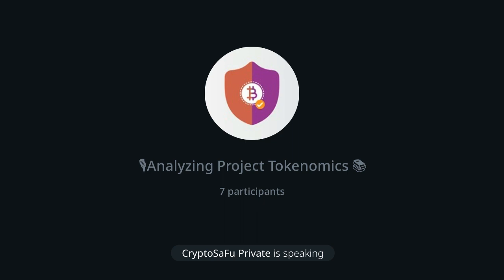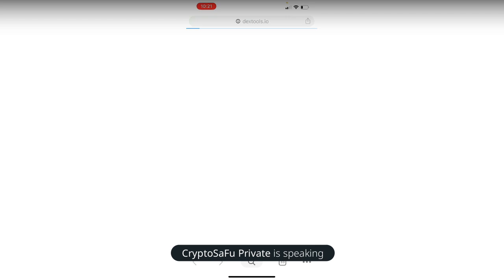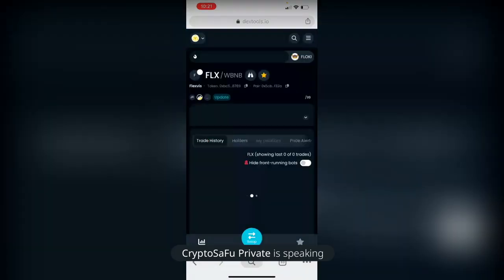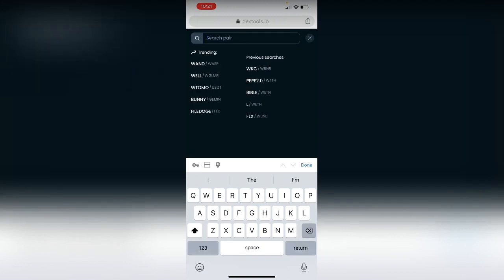So now, for example, I have a project called Planet AI. Say I've been given the contract address and I needed to verify it on Dex tools.